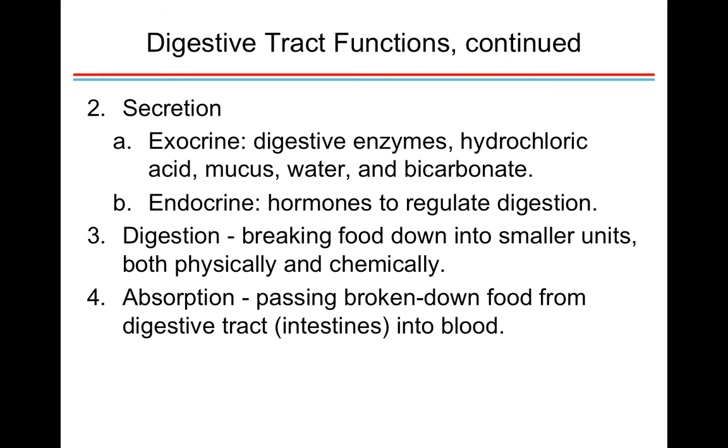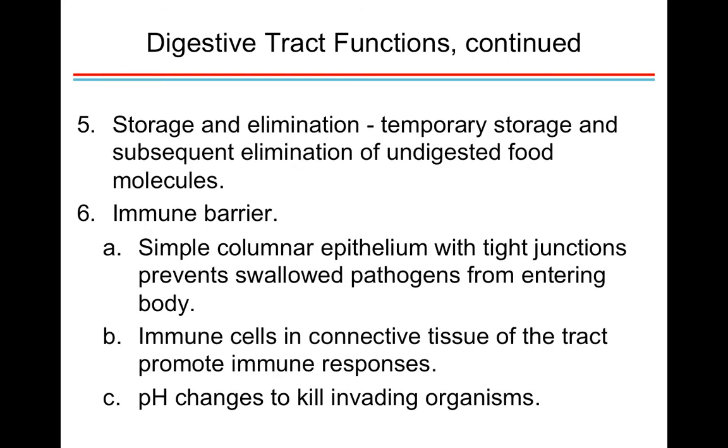Then, for digestion, that is just the breaking down of food into smaller units, both physically and chemically. And we have absorption, which is passing broken down food from the digestive tract into the blood. And then for storage and elimination, we have the temporary storage and subsequent elimination of undigested food molecules.